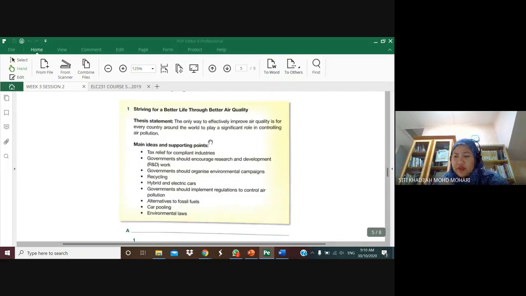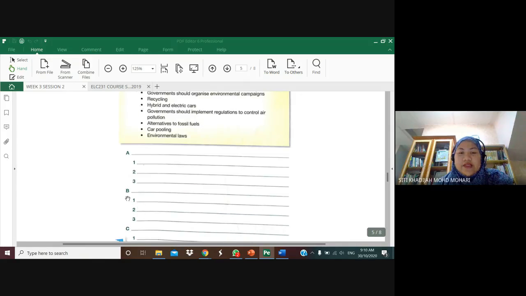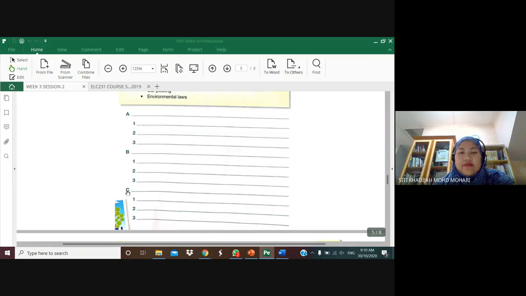Now, I'm going to give you 5 to 10 minutes to rearrange the main ideas, meaning which one is the head and which are the supporting details. For example, the first one should be the main idea for the first body paragraph, this one the second body paragraph, and the third body paragraph.